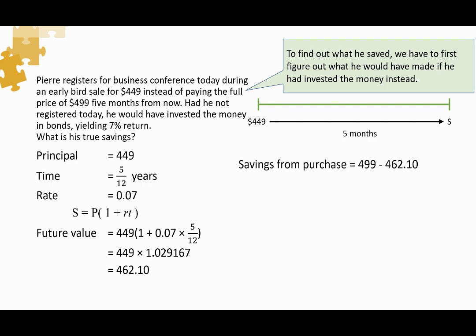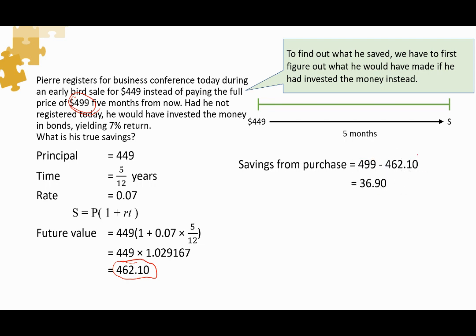So the savings from his purchase. So this is how much he would have had if he had invested it, right? But what he was going to have paid was $499. So by paying earlier, his savings would have been that $499 minus what he actually paid.